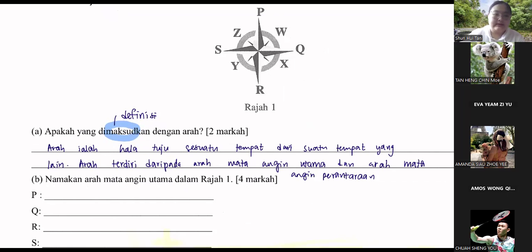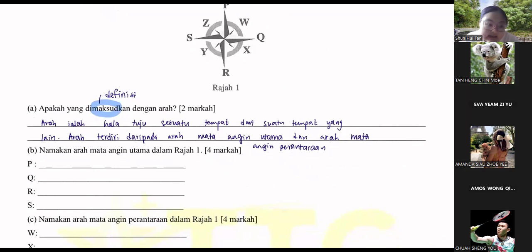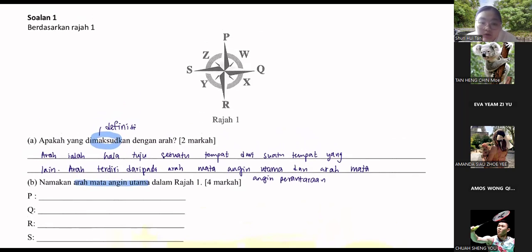Now, this is the first type of question they might ask. They say, nyatakan arah mata angin utama for PQRS. So you have to look at this. If the question gives it this way, without any mentions, if nothing is mentioned, the one on top is always utara.